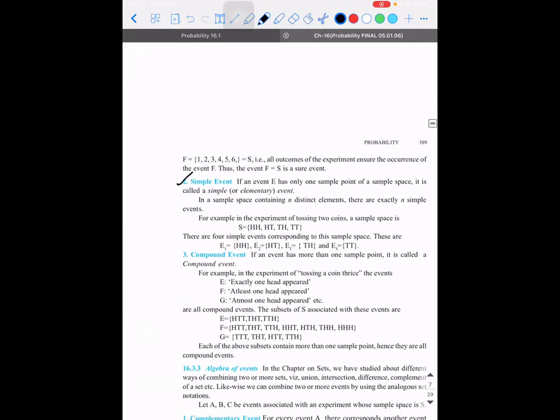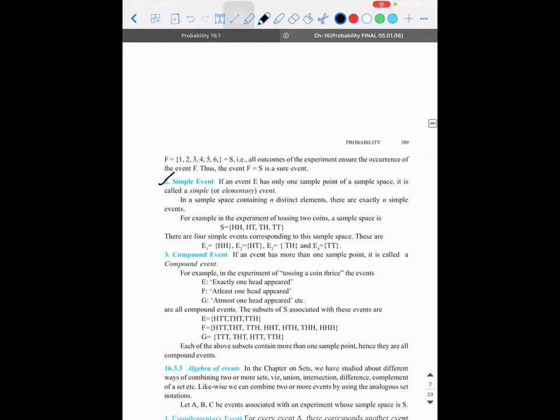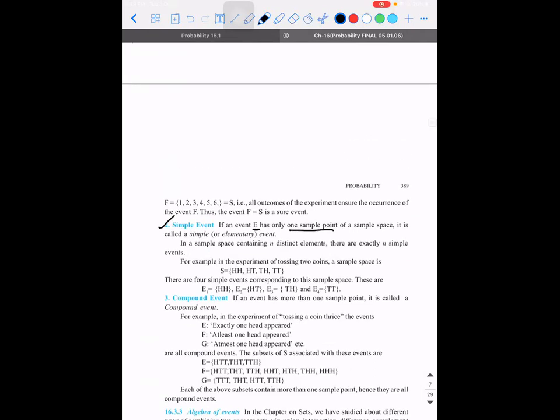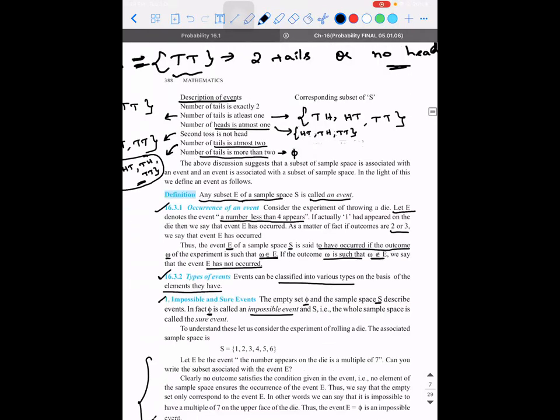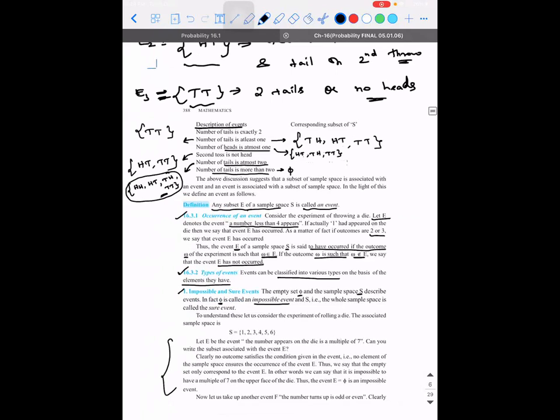Okay. Next is the concept of simple event. So if an event E has only one sample point, means only one output is taken into consideration, then we call that event a simple event. So you guys tell me, out of all the outputs that I've written here, which is a simple event?